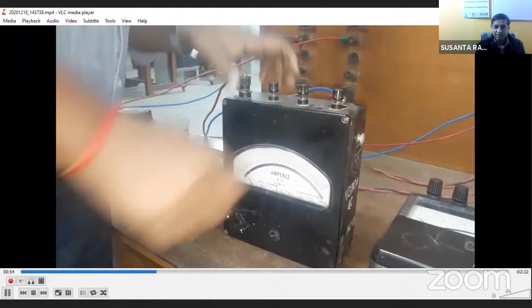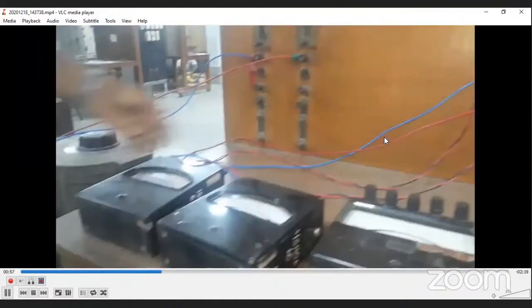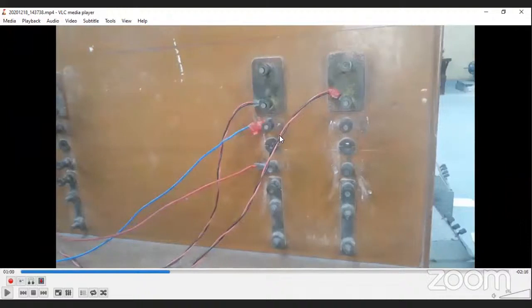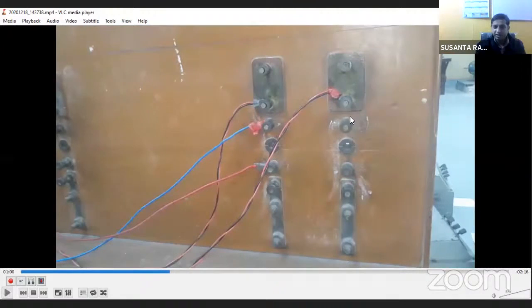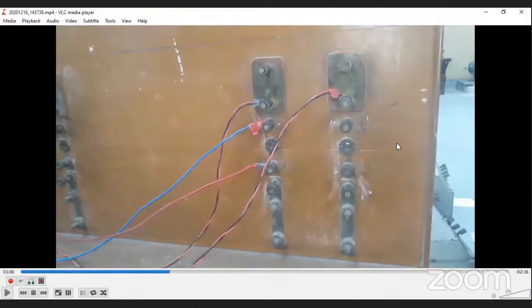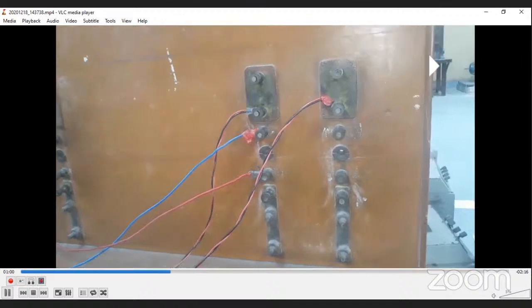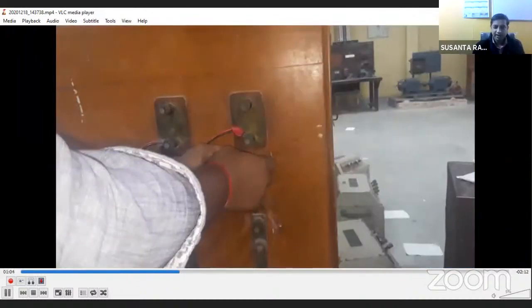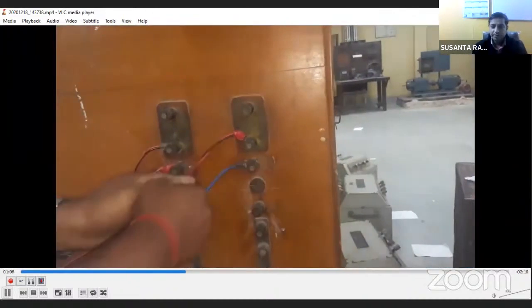So it is obvious that another discontinuity we have in the other line will be used for connecting what? Current coil of the wattmeter. So let's see. Now he is connecting the current coil.